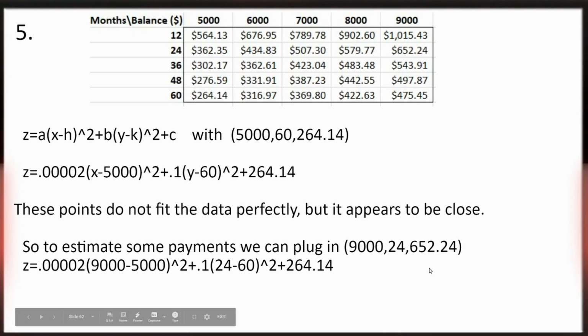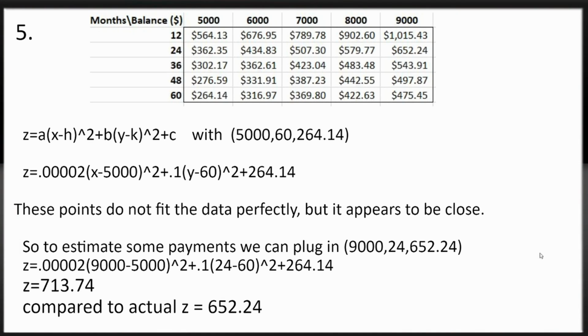So if we use that, we plug those values into our x and our y and not the z, because that's what we want to find. We want to see how close it gets to that 652.24. So when we plug those numbers in, our z value is 713.74. Now when we compare that value to that 652.24, it's not far off, but is definitely far off.